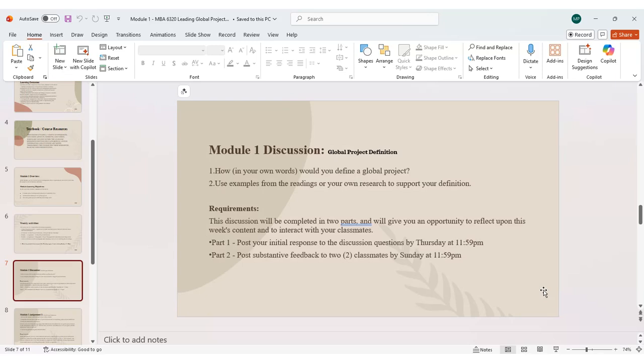In contrast, non-global or domestic projects are typically confined to one country or a region, making communications, legal compliance, and other coordination more straightforward. While they can still be complex, they generally do not require the same level of cultural awareness or logistical coordination across borders. Same thing with work that I've done over the years with a little company called Foot Locker Corporation, right?